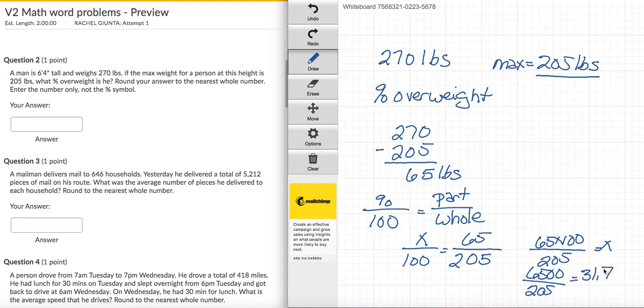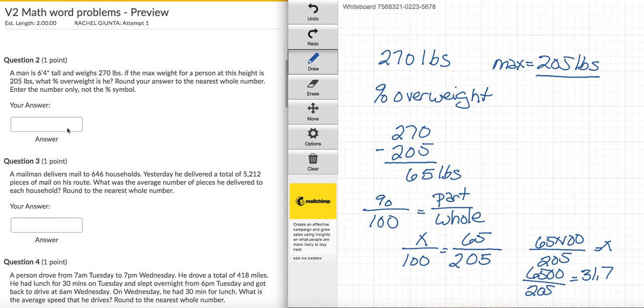And how should we enter that answer? Now we need to see what it wants us to do. It wants us to round our answer to the nearest whole number and enter the number only, not the percent symbol. If it's multiple choice, you just pick the answer that works.